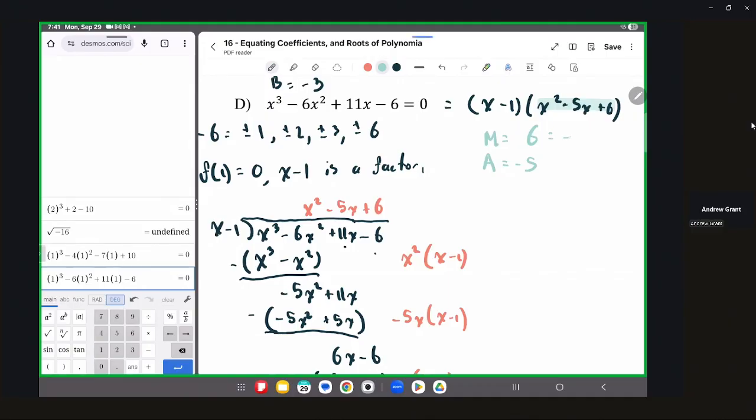Those numbers are going to be negative 2 and negative 3. So this will factor to become x minus 1 times x minus 2 times x minus 3. And we're solving where this is equal to 0. So therefore, x is equal to 1, 2, and 3.